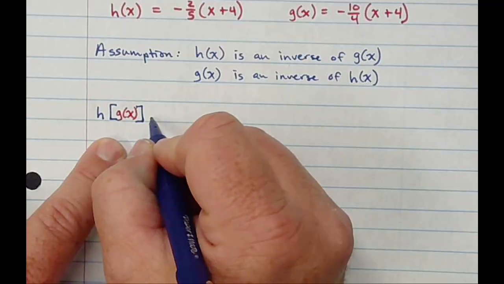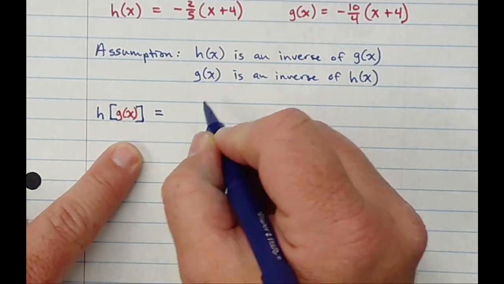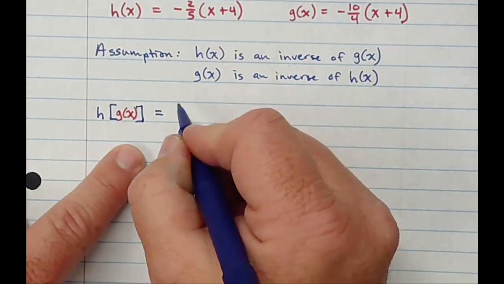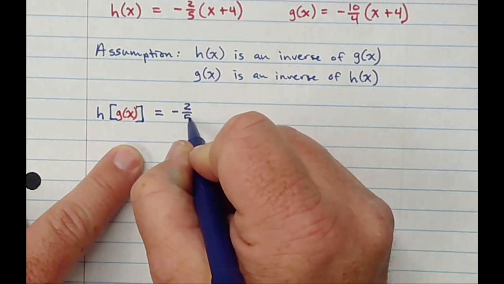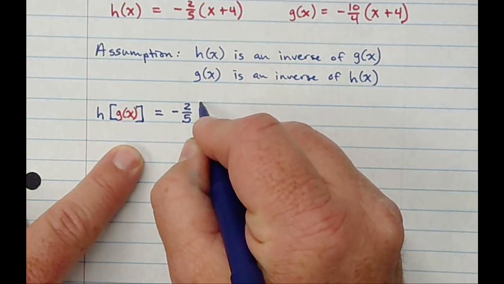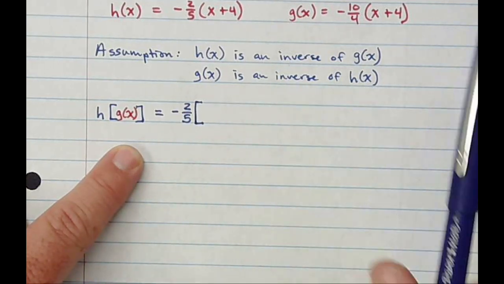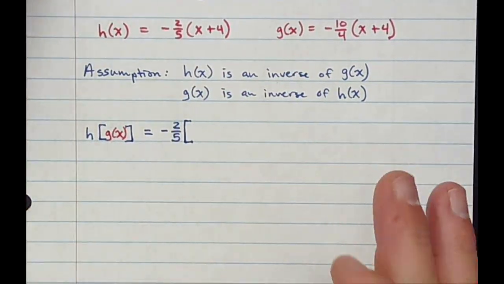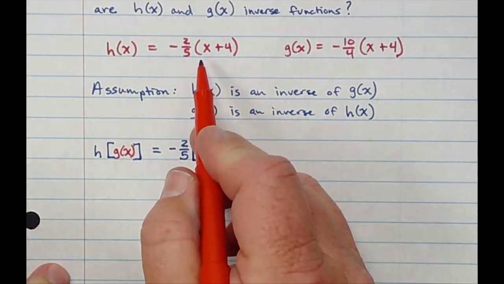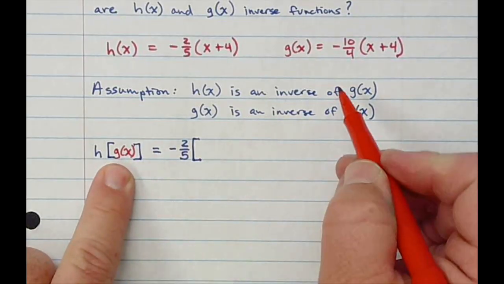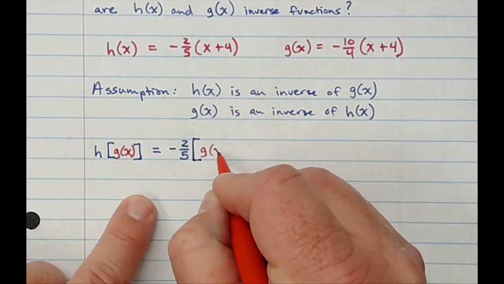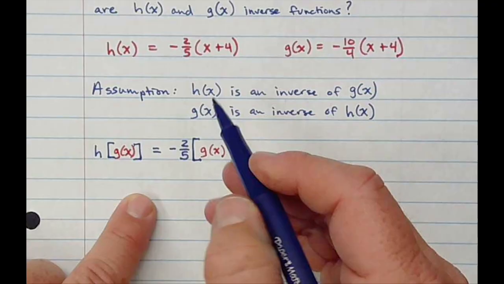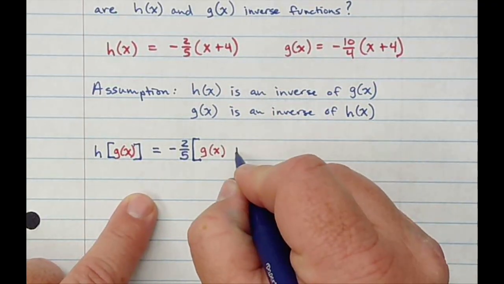So h of g of x is equal to, now h of x was negative 2/5. Then we had our parentheses, I'm going to use the brackets in this case. And then we get to the x, and we replace it with g of x. And then we still had plus 4 right after that.